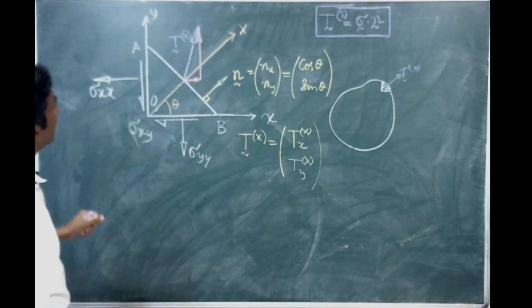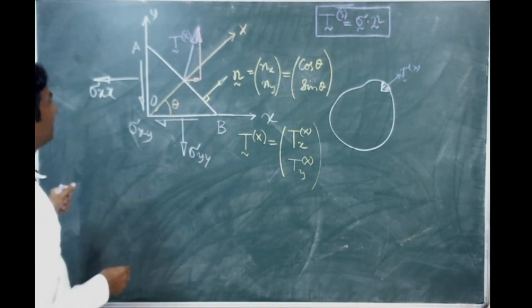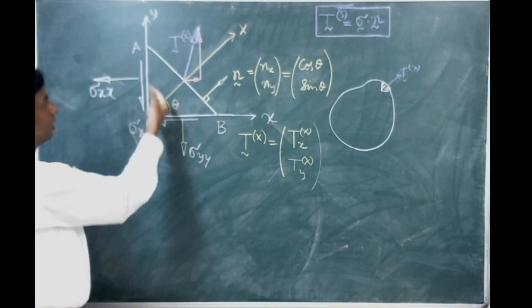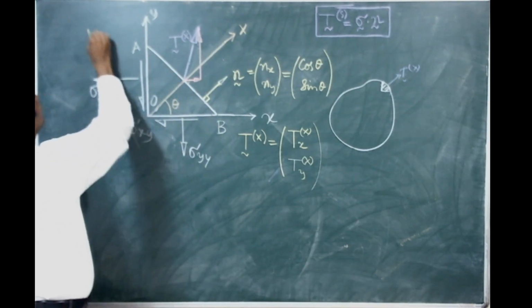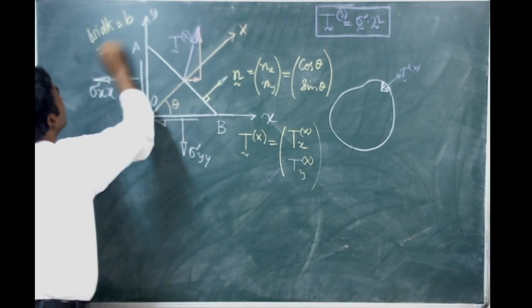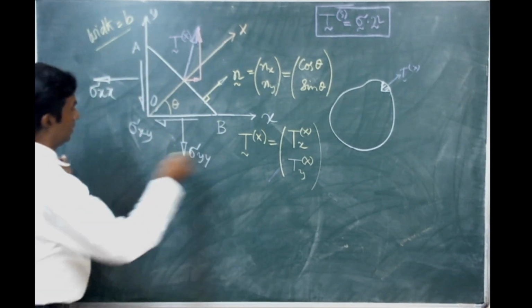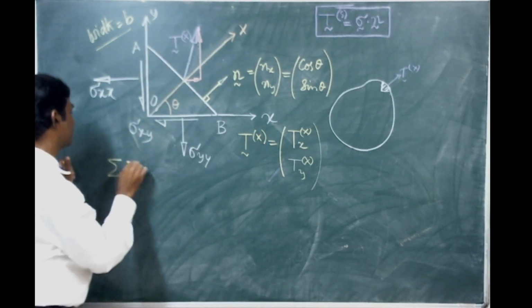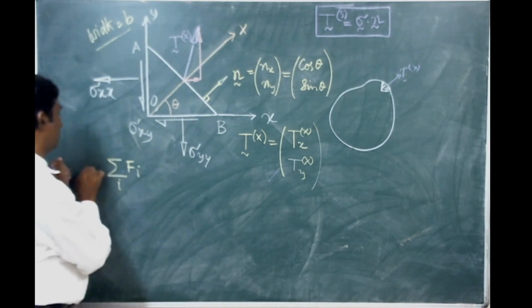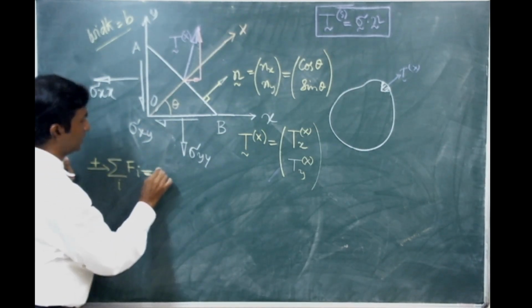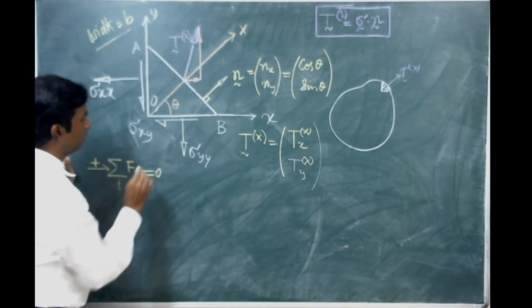Now, if we consider the equilibrium of this block, what do we get? Suppose this triangular block has the width B. Along the x axis direction, the sum of all forces is 0.